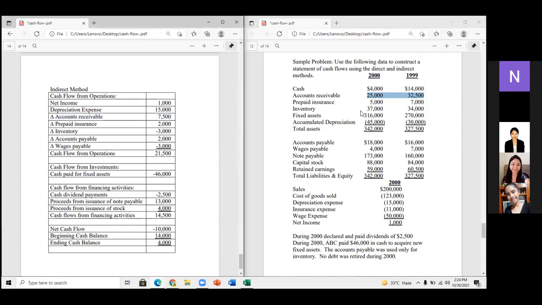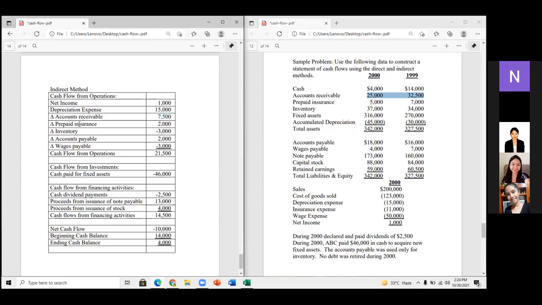Pero kapag yung current asset is nagka-decrease, i-add back natin siya. So yun, since may decrease tayo na accounts receivable na 7,500, i-add back natin siya dito sa net income.